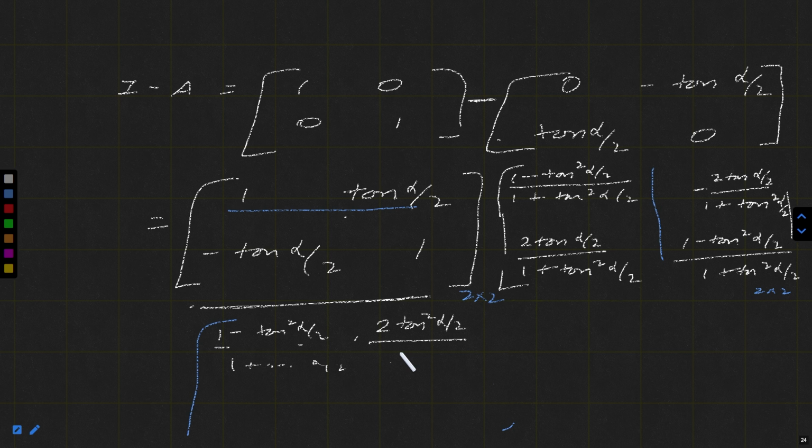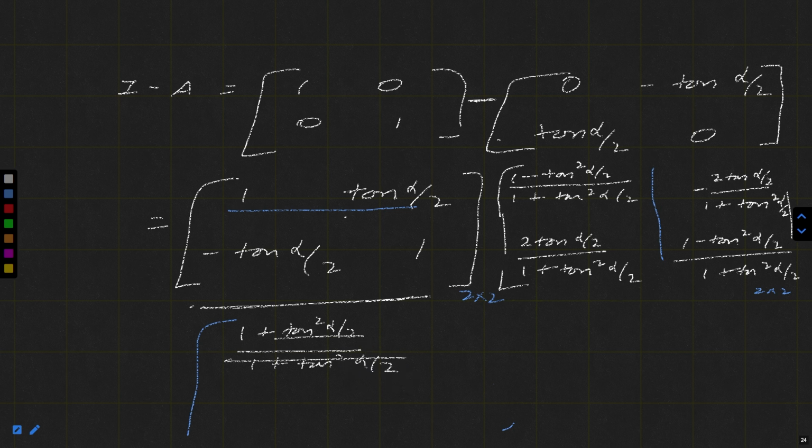Because the denominator is the same, simplifying, you will have 1 plus tan square alpha by 2 in the numerator, and because the denominator is also this, this and this will get cancelled. You will only be left with 1. So the first element is 1. Simple.